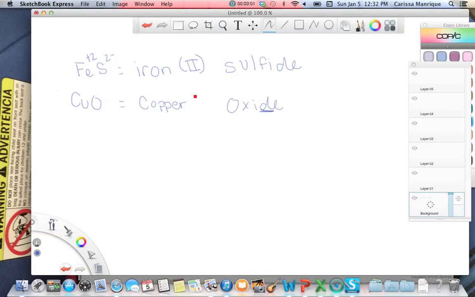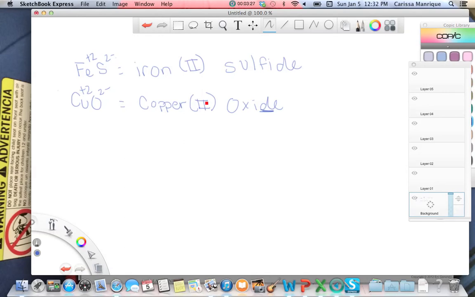Okay, but now we need to put in our parentheses. So let's see what we put there. Oxygen is in the same group as sulfur, so oxygen has a 2-, so that means copper has a +2. Right? It's just the opposite charge. So this would be a Roman numeral 2. Alright? Not hard, easy enough.